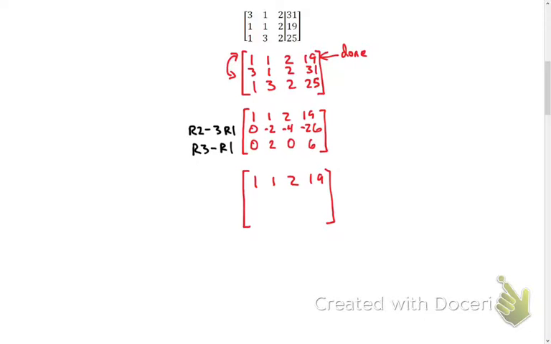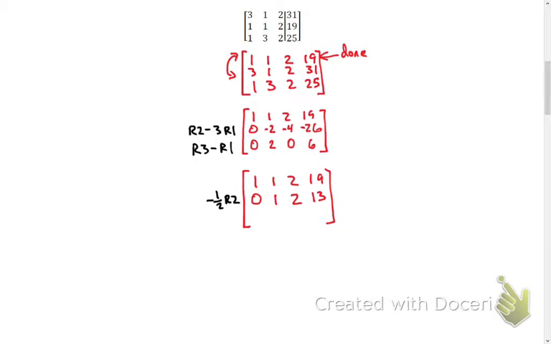And I'm going to multiply row 2 by negative 1/2, and that's going to make that turn into a 1. So times 0 is 0. I get a 1. Times negative 4 is a positive 2. Times negative 26 is a positive 13.